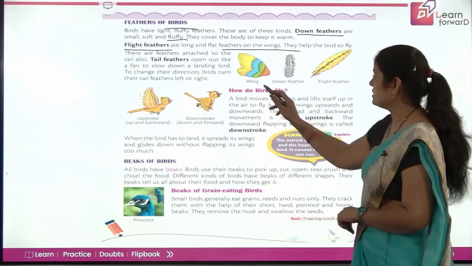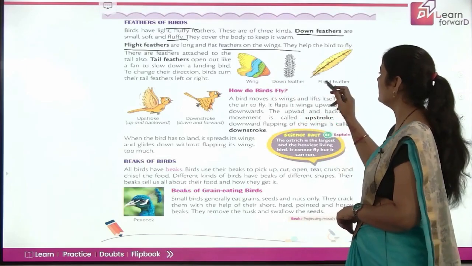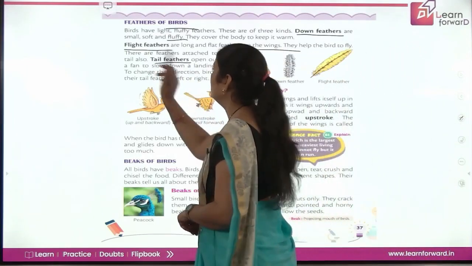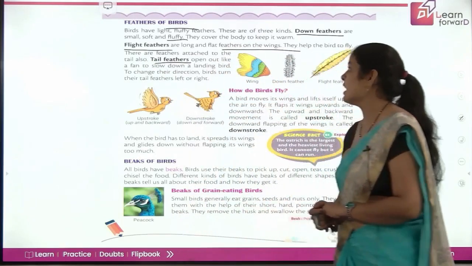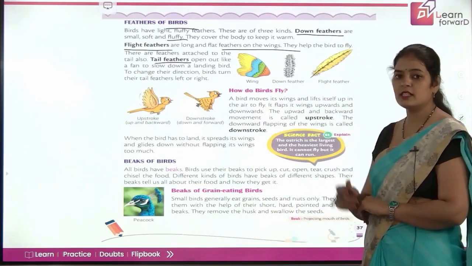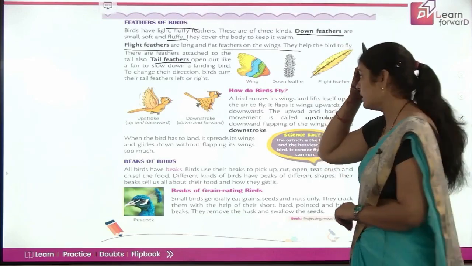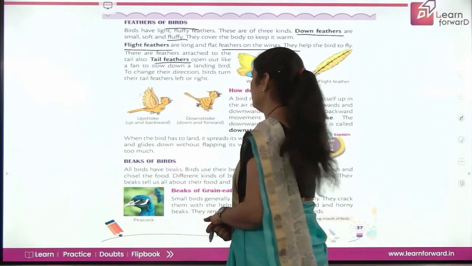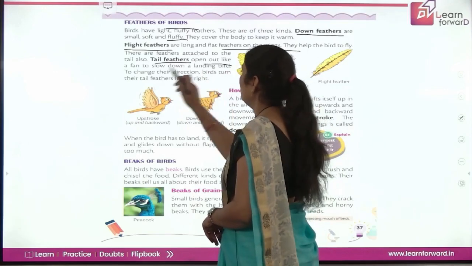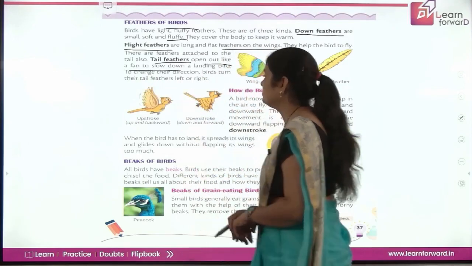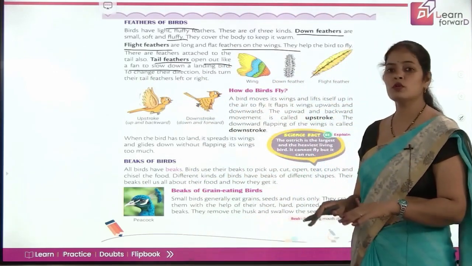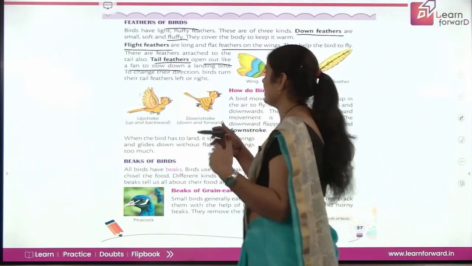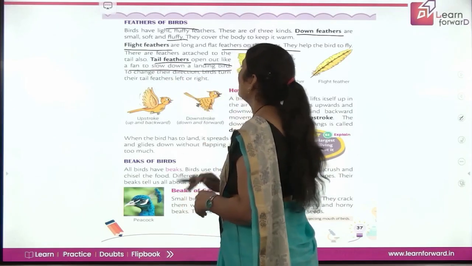Fine. So this is a wing, this is a down feather, this is a flight feather, and the third one is the tail feather. These are the feathers attached to the tail of the bird, and these are called tail feathers. They open out like a fan to slow down. Whenever the bird wants to slow down in the air, it just opens the tail feathers, just like a fan, to slow down a landing bird.